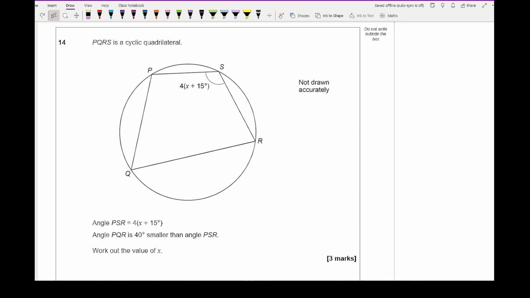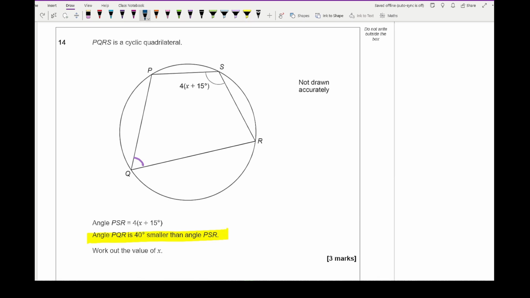For this question, we know that opposite angles in a cyclic quadrilateral add up to 180. Using this statement here, the angle PQR is 40 degrees smaller than PSR.